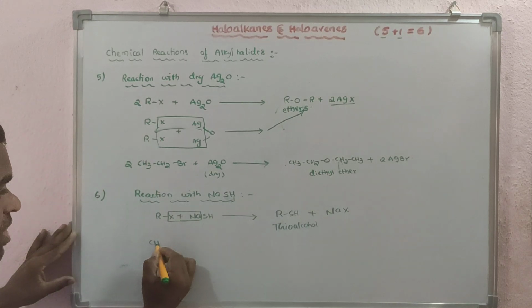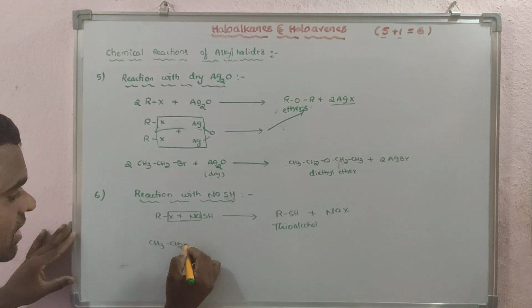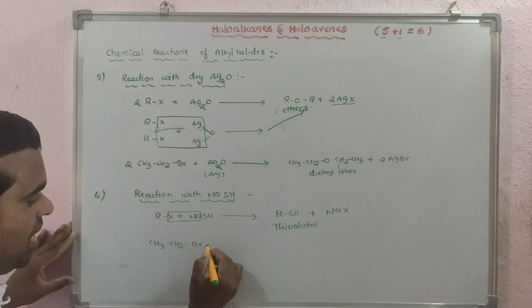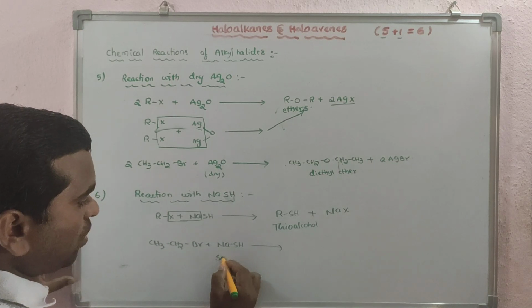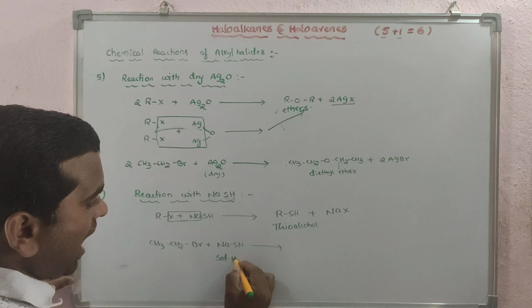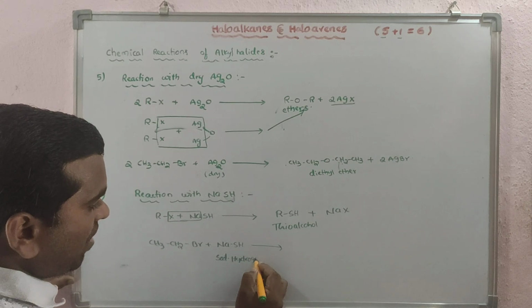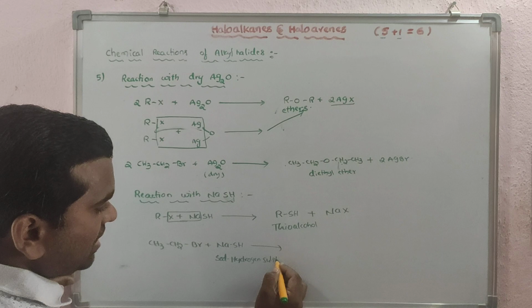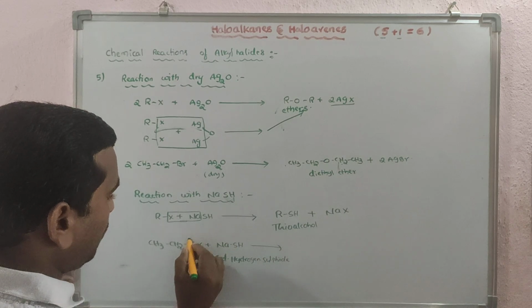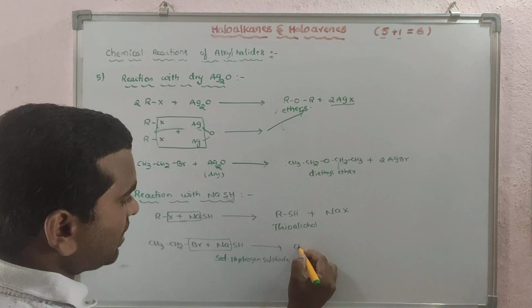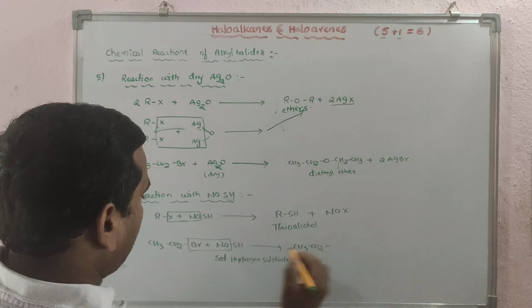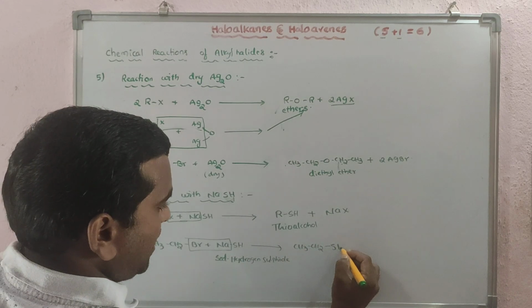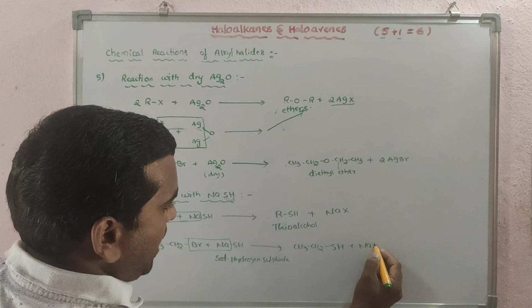Simple example, take CH3CH2Br plus NaSH. What do we call this? Sodium hydrogen sulfide. Then what compound will you get? Remove NaBr here, then you will get CH3CH2SH plus NaBr.